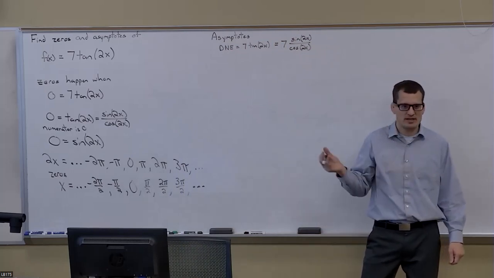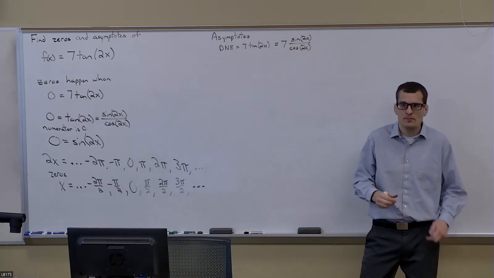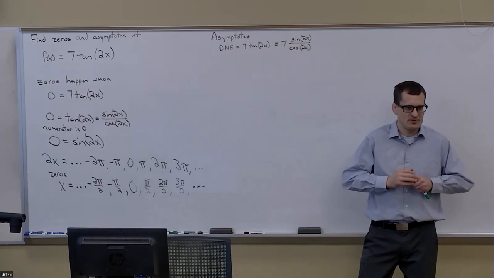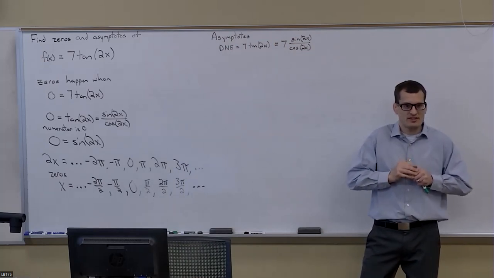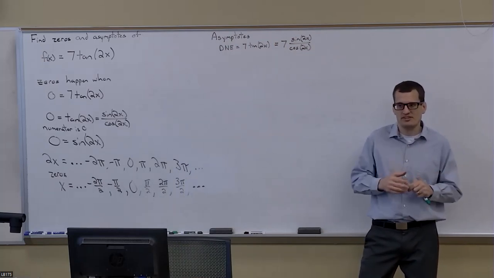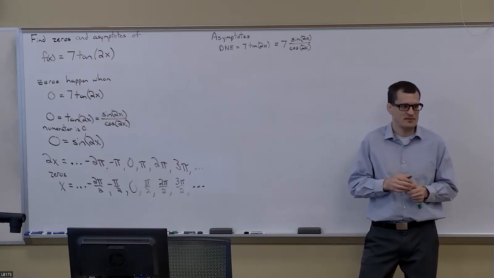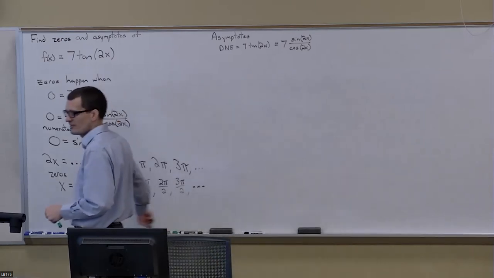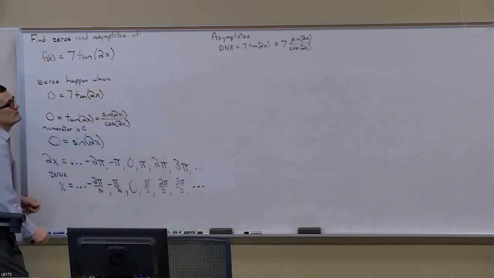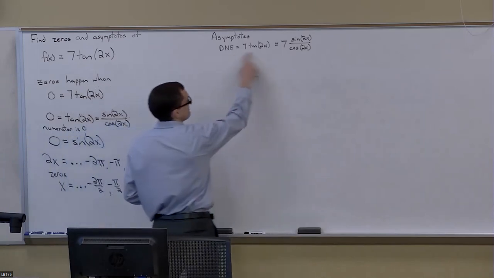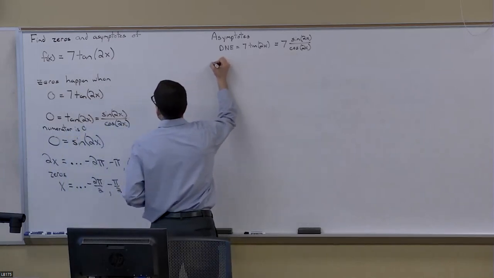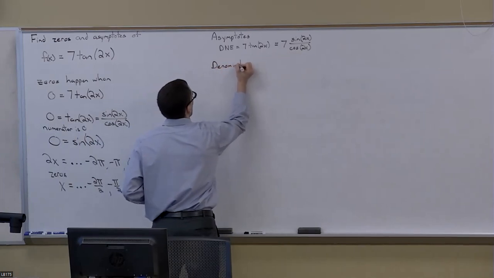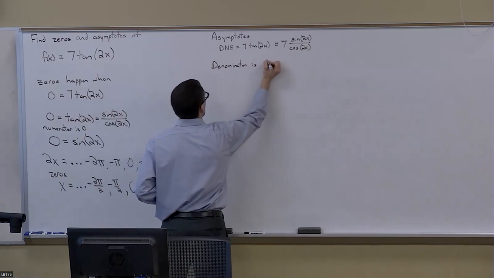Divide by 7, it still doesn't exist. Multiplying by 7, it still doesn't exist, right? You have something that doesn't exist and you multiply or divide it by 7, it still doesn't exist. So asymptotes happen when this does not exist, so when the denominator is 0.